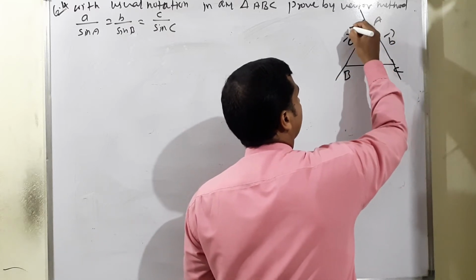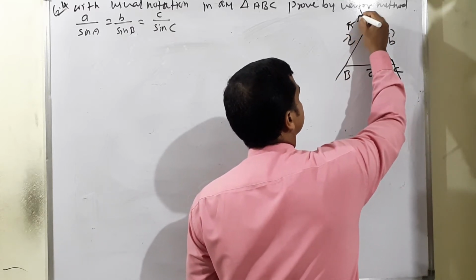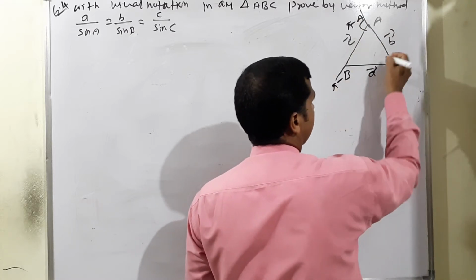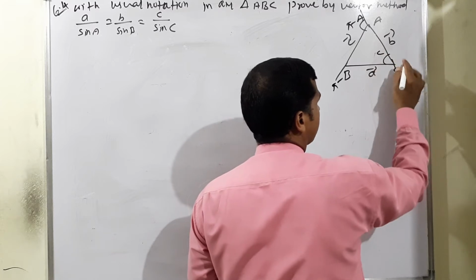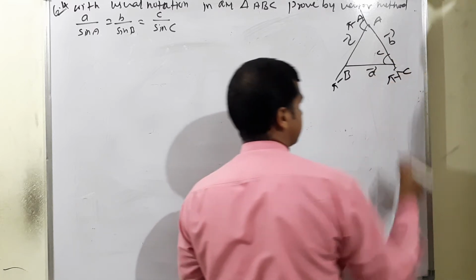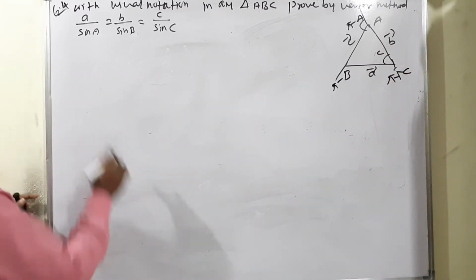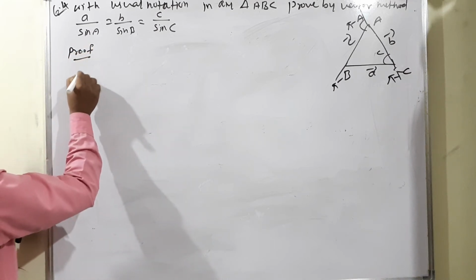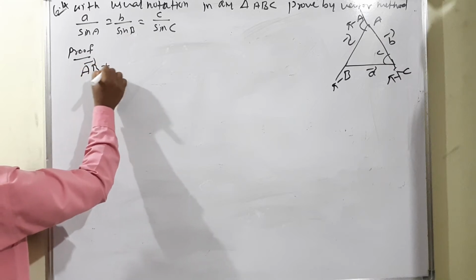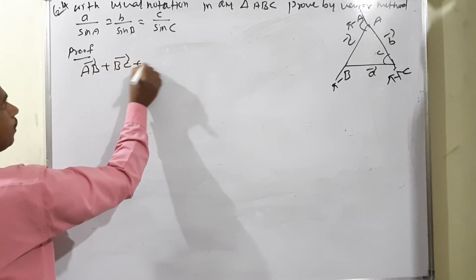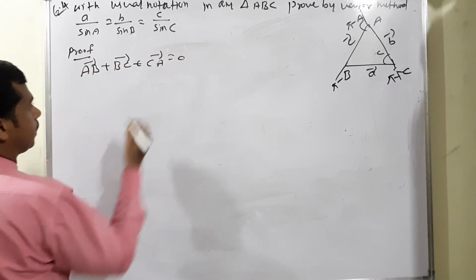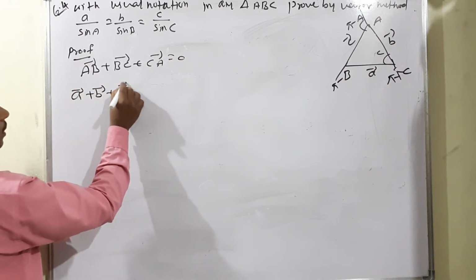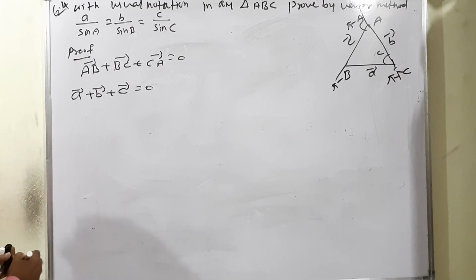The exterior angle is definitely pi minus A, outside of the angle definitely pi minus B, and for the interior angle C, outside of the angle is pi minus C, okay. So therefore the first condition: AB vector plus BC vector plus CA vector is equal to 0, which means a vector plus b vector plus c vector is equal to 0.